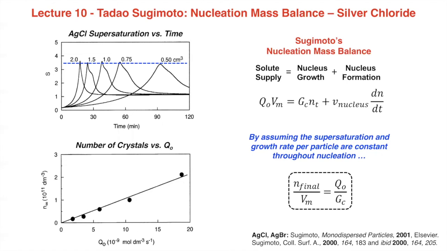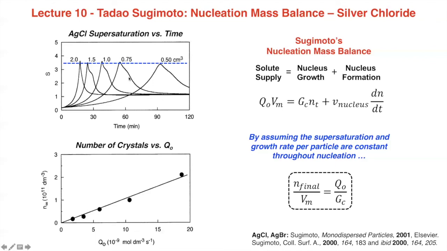So the crystallization of silver chloride was studied in great detail. Silver chloride is also convenient to study because you can monitor the concentration of silver and chloride ions in real time using electrodes. And so it becomes relatively straightforward to do kinetics on these kinds of reactions.